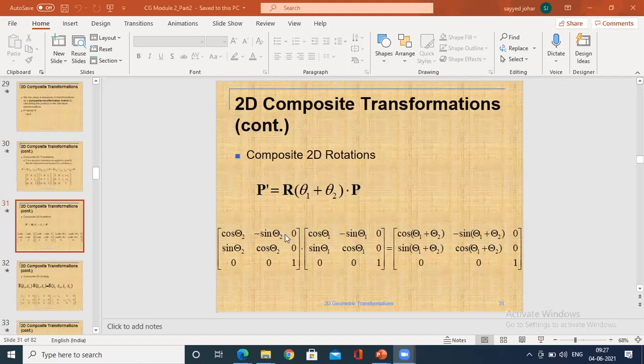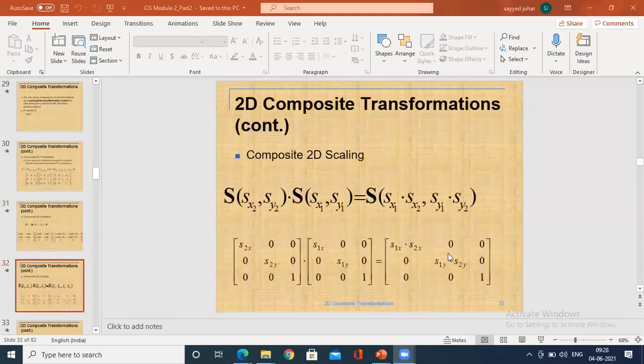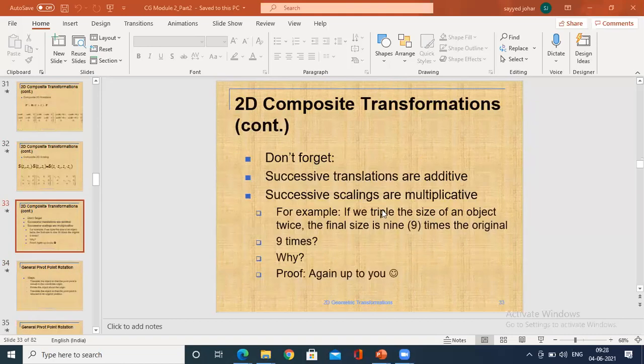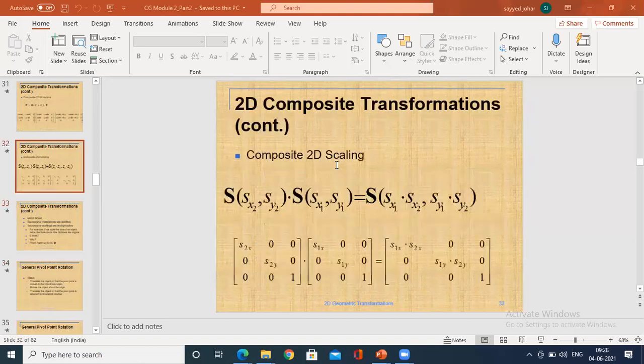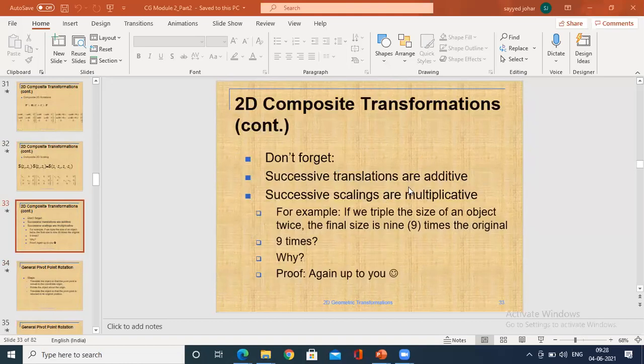When you do it, one rotation and another rotation could be multiplied to get this. Similarly, two successive scalings have been shown over here. Two successive translations are additive, whereas two successive scalings are multiplicative in nature, right?